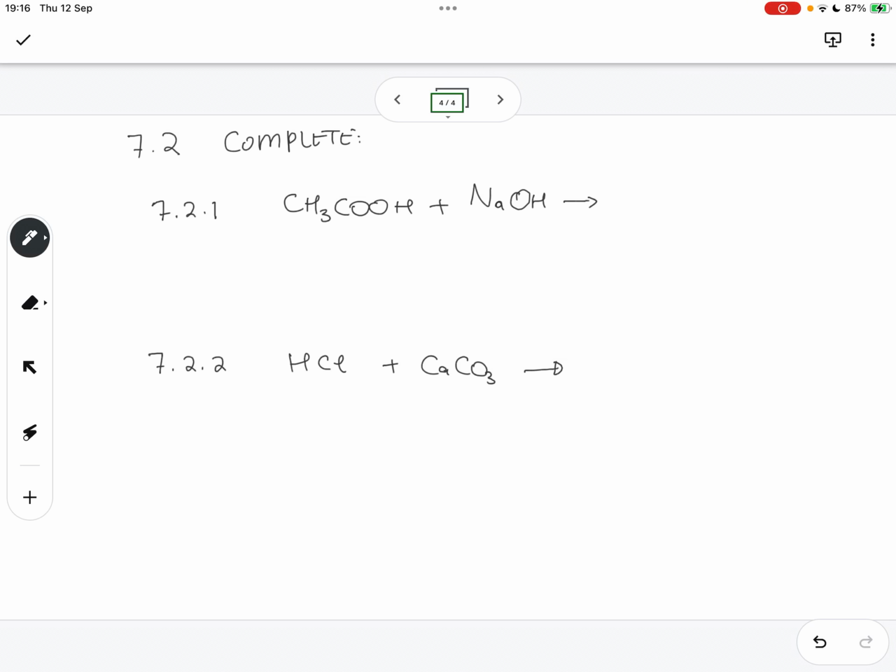Right, so how would you go about doing them? Okay, balance around these reactions. Yes, okay, balance this reaction.